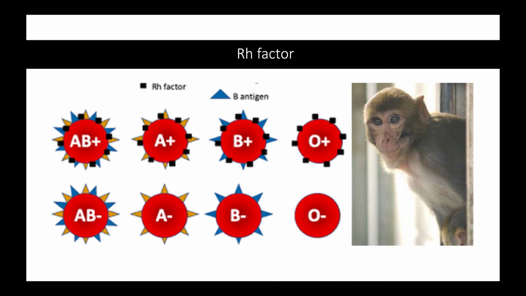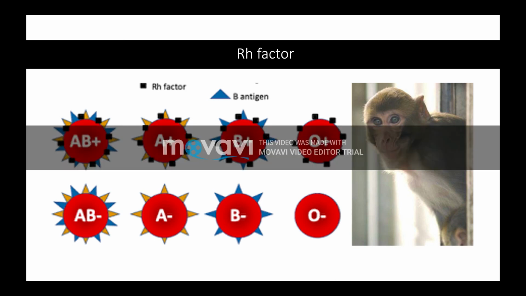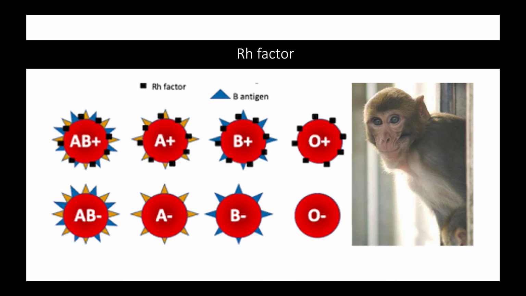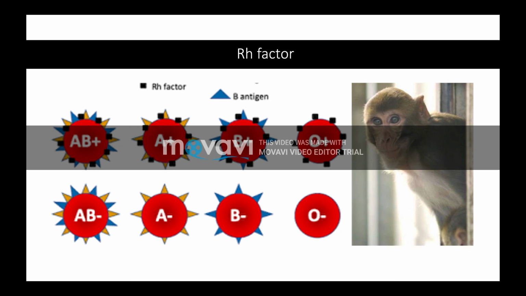Just as an important fact, O negative is considered to be a universal donor, meaning that O negative can donate blood to any of these types. AB positive can receive any blood type, including O negative, of course.